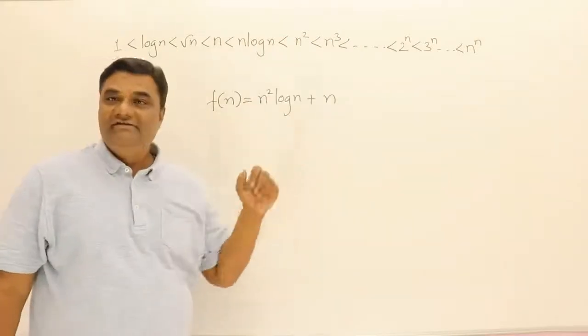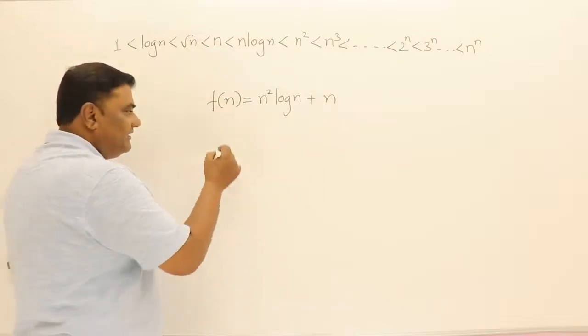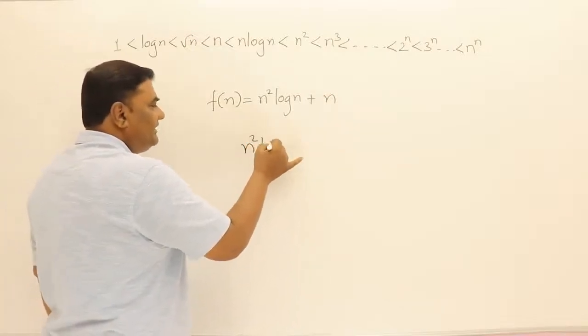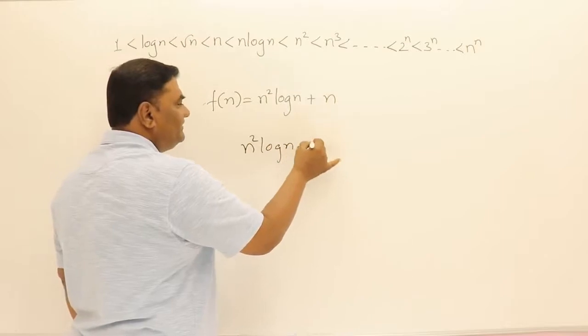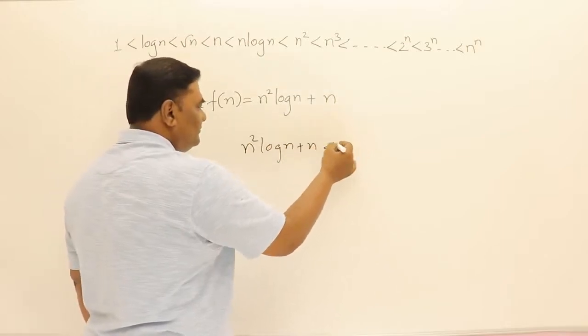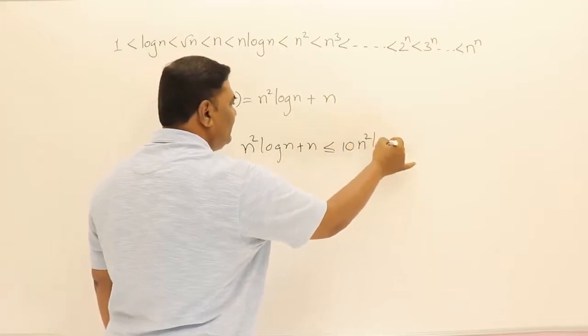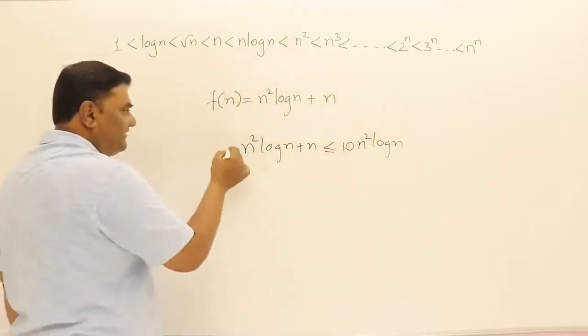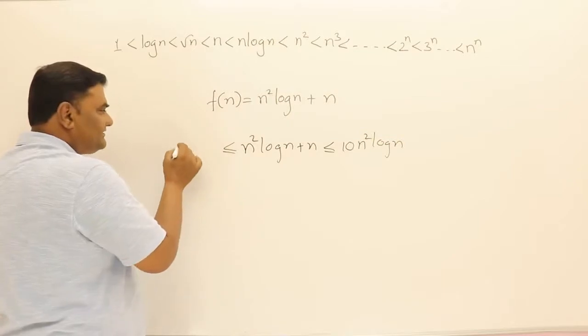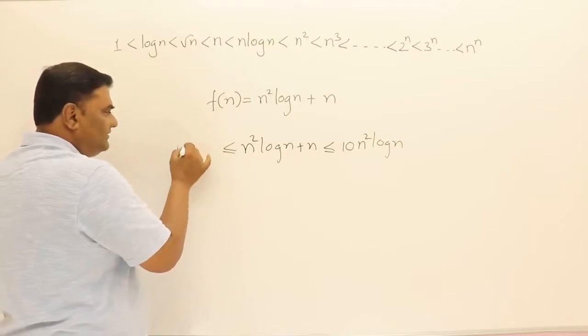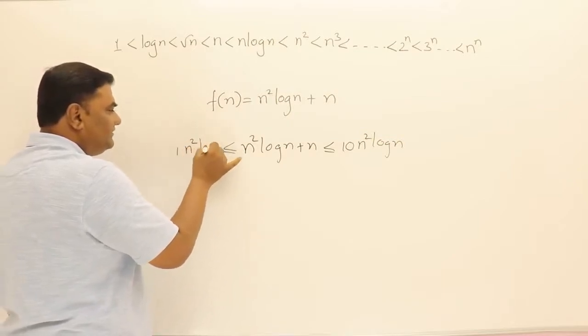Next, if f of n is n square log n plus n, then n square log n plus n is less than or equal to 10n square log n. I just wrote some greater value there, and here it is greater than or equal to 1n square log n.